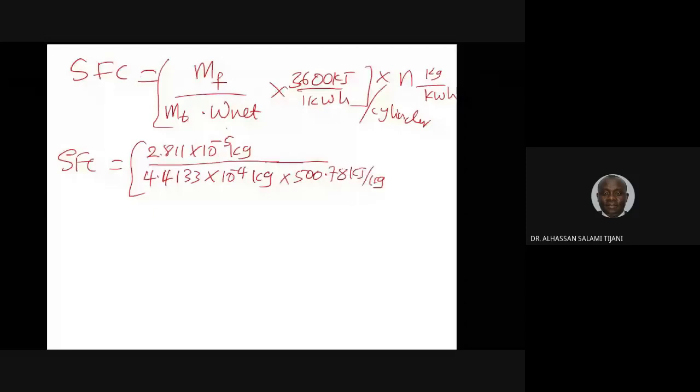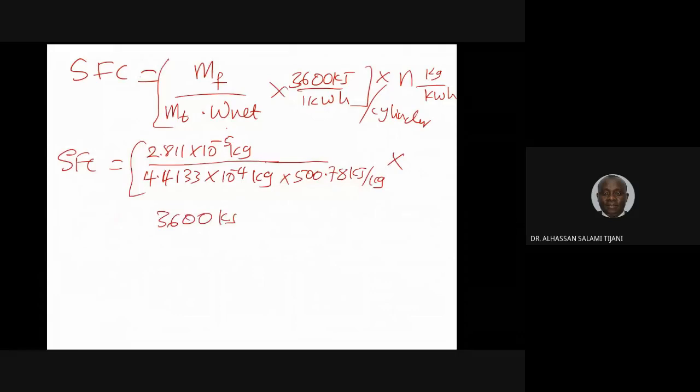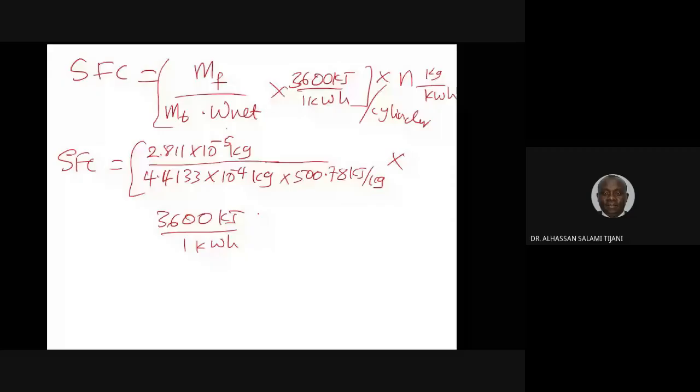So now times 3600 kilojoules divided by 1 kilowatt hour, all times 4. So let's see how this is going to end up.